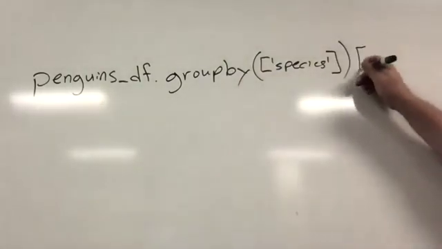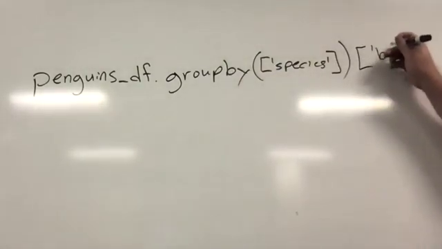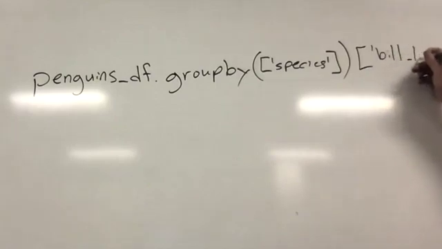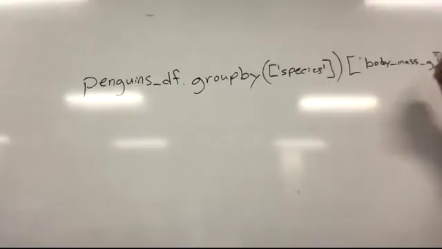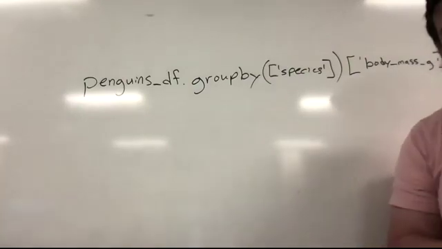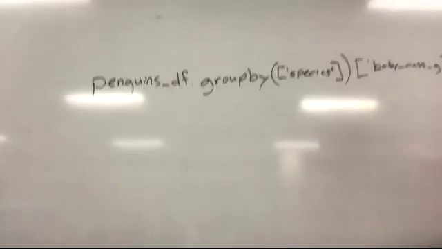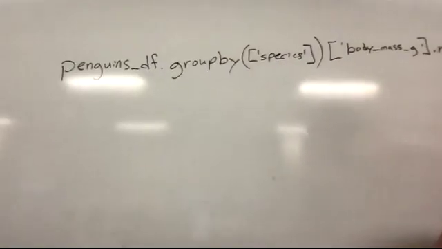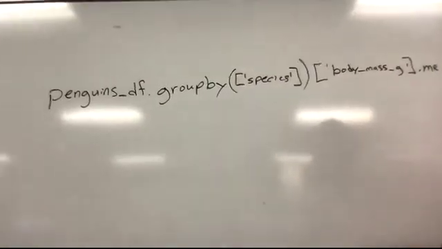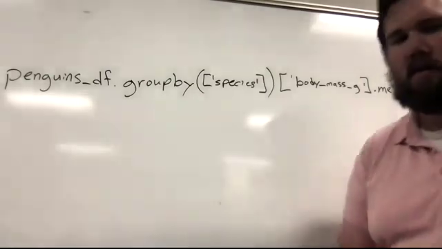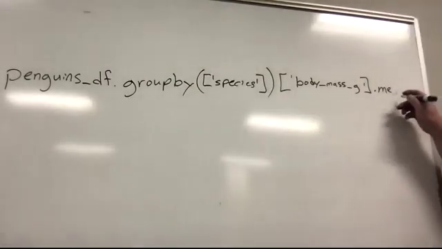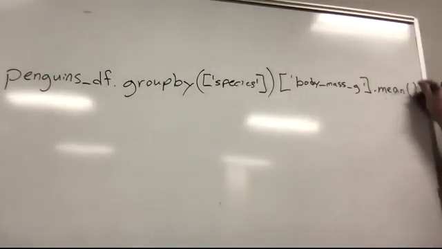Then we're going to extract the bill length column, bill_length_mm. See how we knew that right away, because they told us the variable name. Very good. And then after I extract this column, I am now going to want to do one more thing, which is take the mean, the average of that.